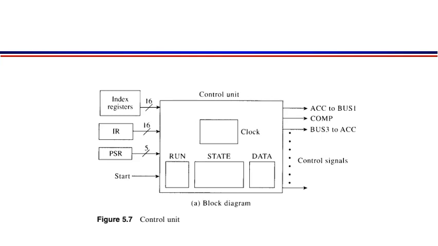Within the control unit there are three blocks: run, state, data, and the fourth one is the clock. The control unit will work on the basis of the clock signal or clock cycle. The clock will be the major part of the control unit.